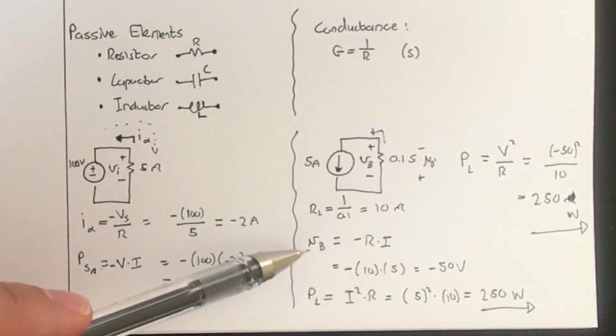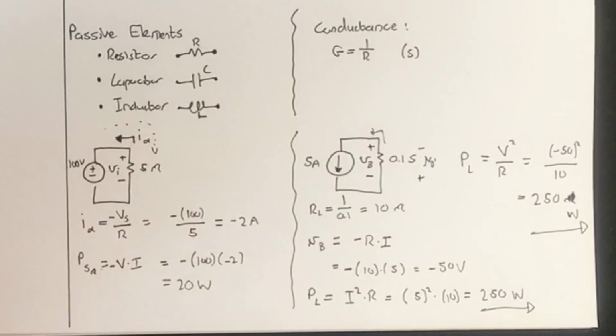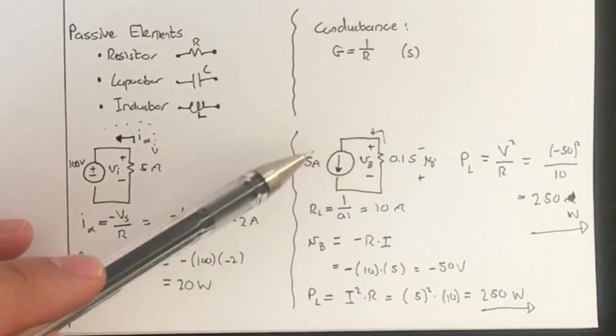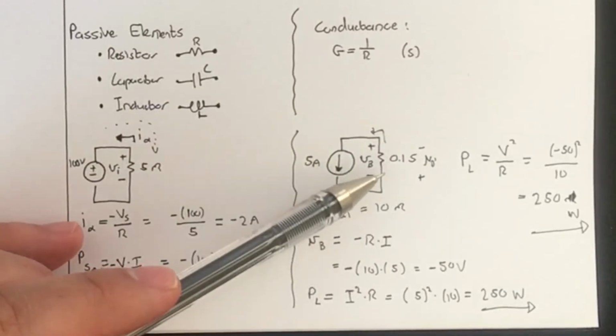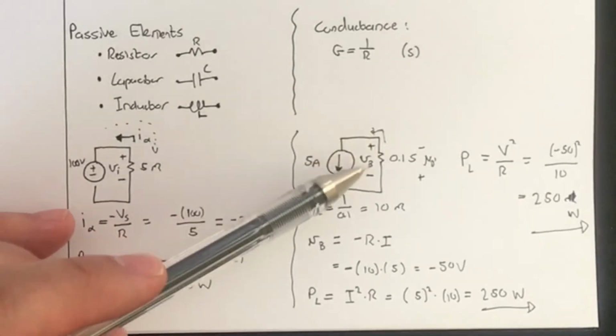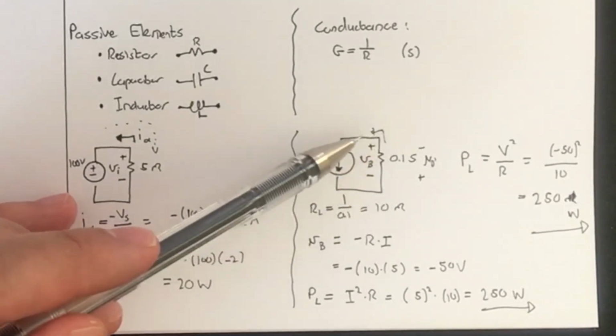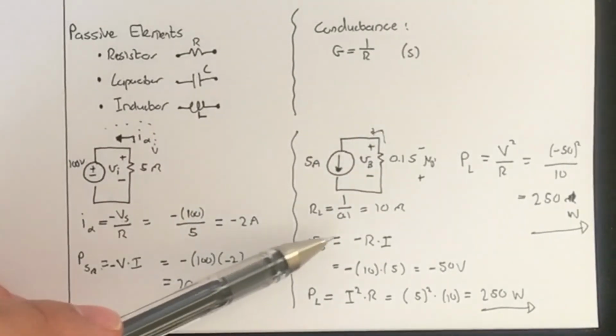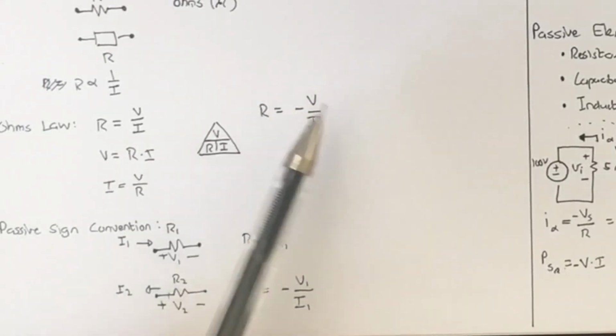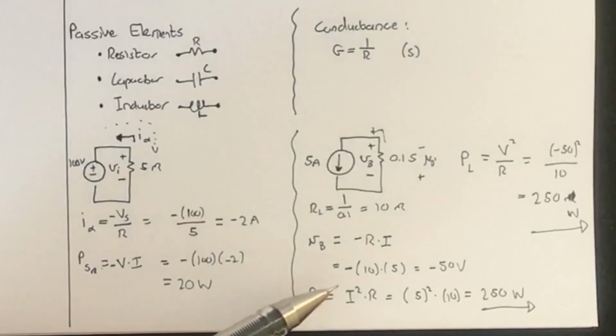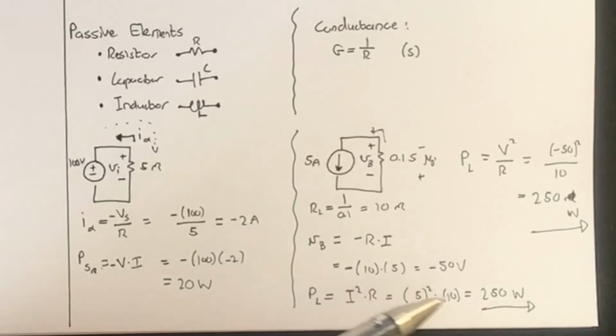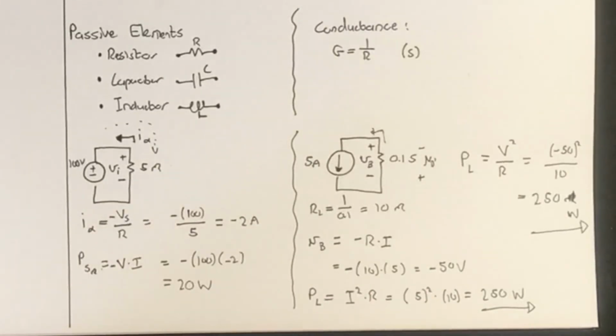Very simple. VB. Now we have to be careful yet again, because the current, as we've defined here, flows out of the positive terminal, flows into the negative, out through the positive. So we have to use, again, this version of Ohm's law. So we use negative 10 times 5, so we have a negative 50 volt drop.